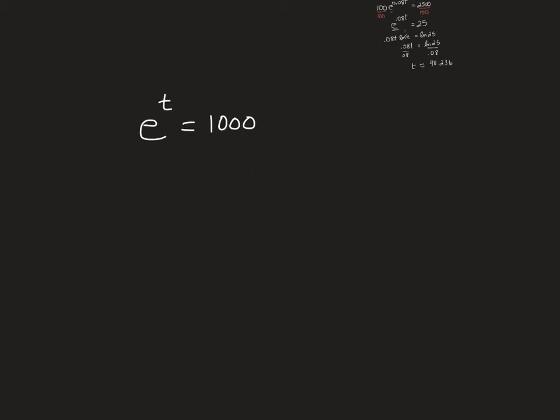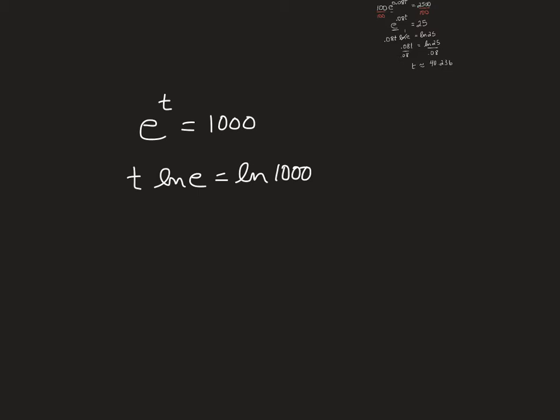Okay, we'll do one more. Remember, since we have the base of e, we can use the natural log. You can always use the natural log. Unless you had a base of 10, then you probably want to use a common log. But let's take the natural log of both sides. So we have t times the natural log of e equals the natural log of 1,000.